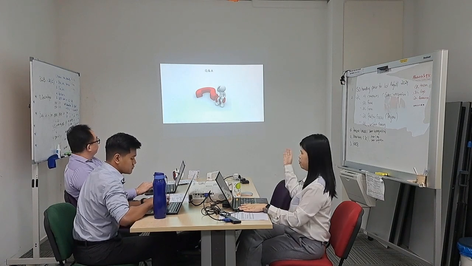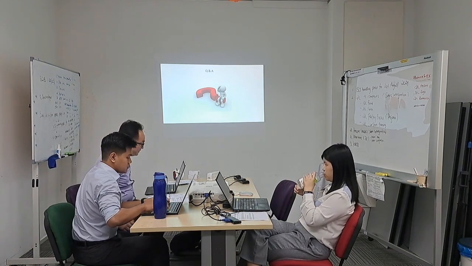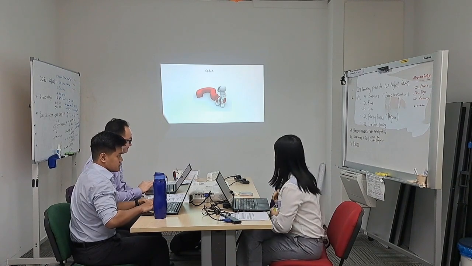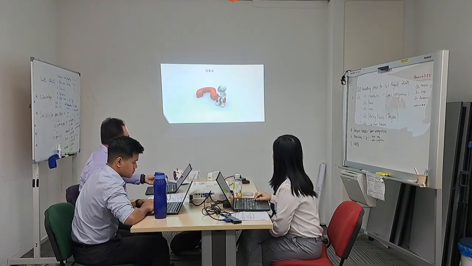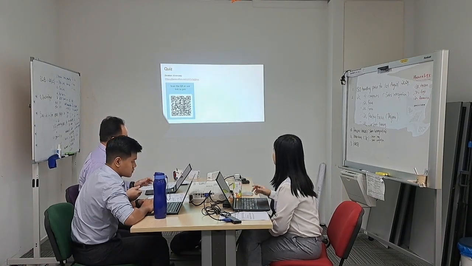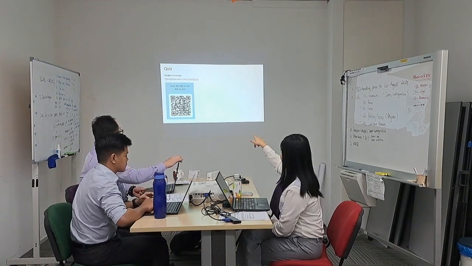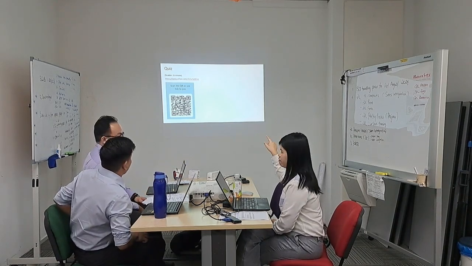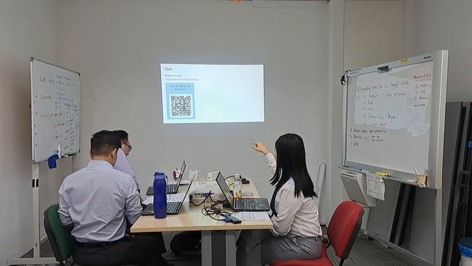Okay, any questions? If no questions, then you can use your phone to scan the QR code. This is an online Q&A form, so you try to do the quiz.